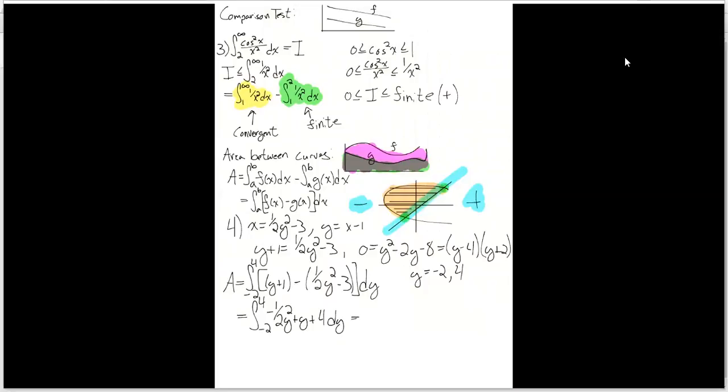And this is equal to, now this is just a polynomial that we're taking the integral of. -1/6 y cubed plus 1/2 y squared plus 4y from -2 to 4. And if you do that out, we get the area of 18.